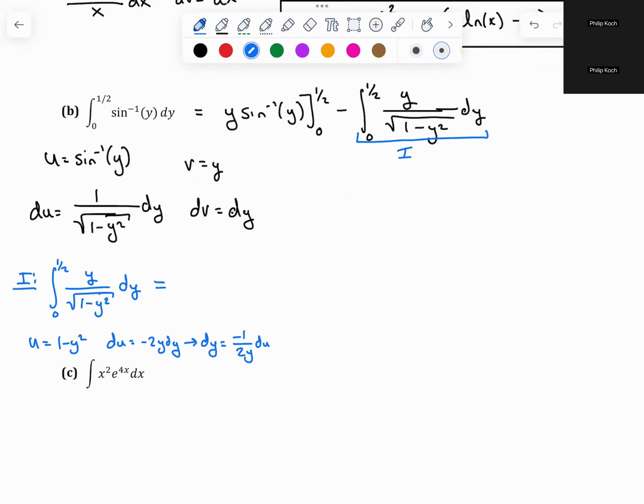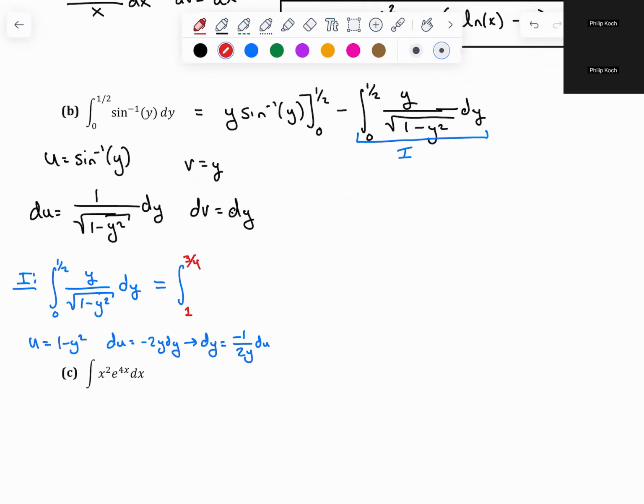And if those are the bounds in terms of y, if we change them, plugging in 0 gets you 1. So I'm going to color code these ones. This one now becomes 1. And if I plug in 1/2, 1 minus 1/2 squared is 1 minus 1/4. That's 3/4.